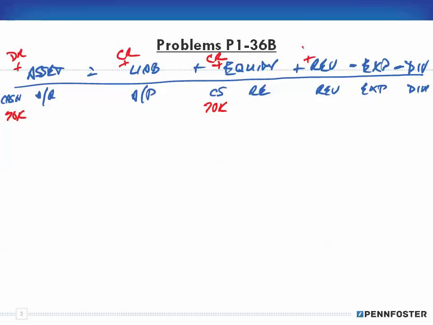The normal balance of revenue is a credit. The normal balance of expenses are debits, and the normal balance of dividends are debits. So I increased my equity on the credit side by 70,000.